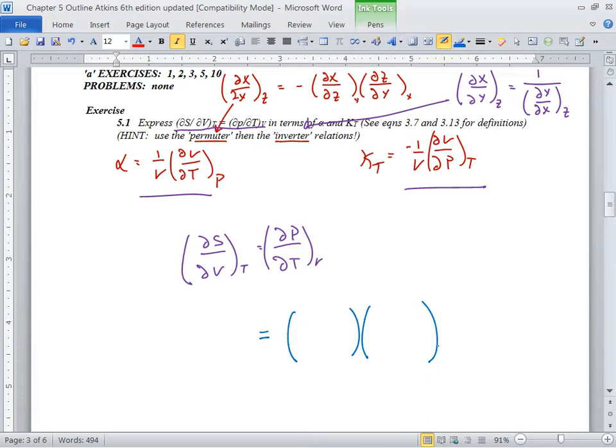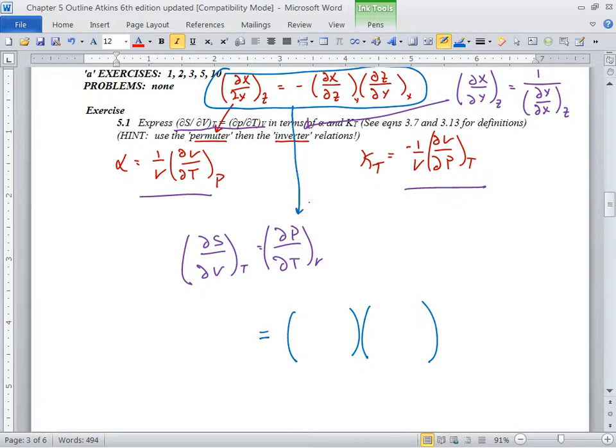So if I want to follow the permuter, notice the partial of x with respect to z. So I'm trying to put that into here.